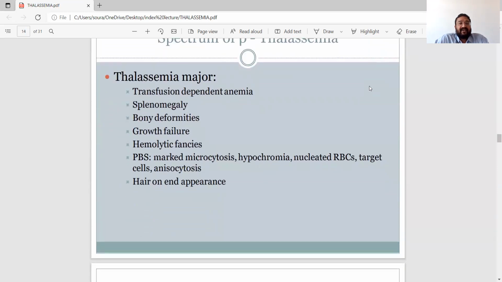Third is thalassemia major. It is the most dreaded type of beta thalassemia because of almost absent synthesis of the beta globin gene. So the patient would have severe anemia, which often requires regular blood transfusion, bony deformity, enlarged liver and spleen, growth failure, and hemolytic facies in the form of frontal bossing, depressed nasal bridge, maxillary prominence, and maloccluded teeth.